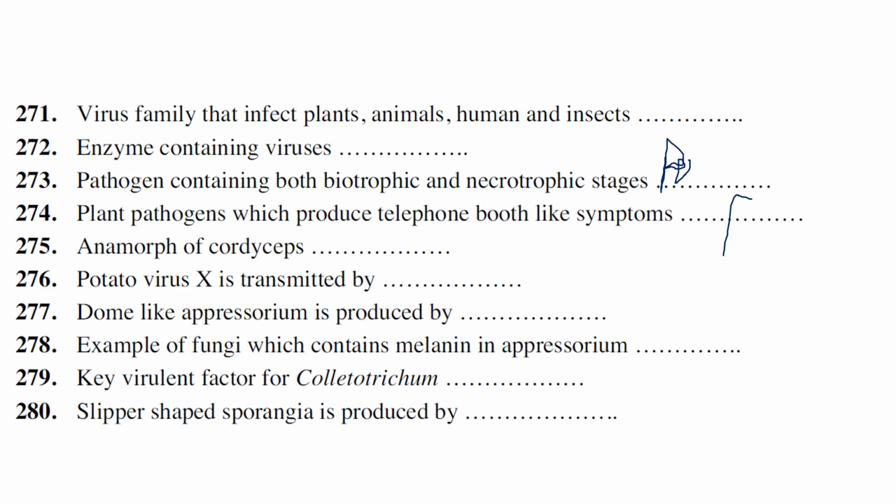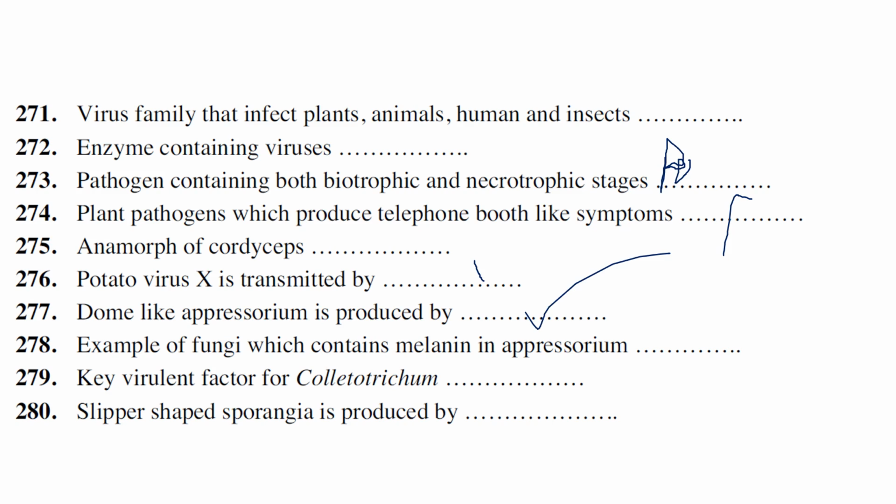Anamorph of Cordyceps. Cordyceps anamorph is Tolypocladium, probably, I think Tolypocladium something. Potato virus X is generally transmitted by the fungus Synchytrium endobioticum. And potato mop top is also transmitted by a fungus, Spongospora, I think. Dome shaped appressoria are produced by rice blast, which contain a high amount of glycerol that helps to penetrate inside the plant cells.